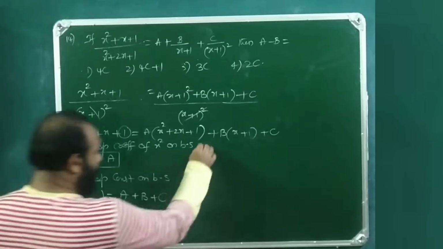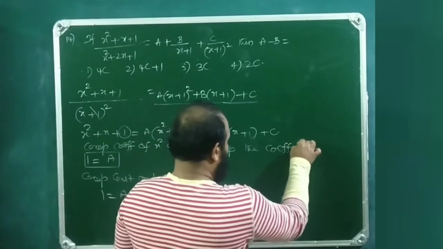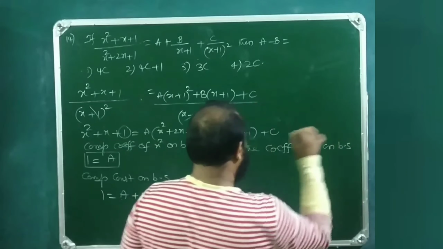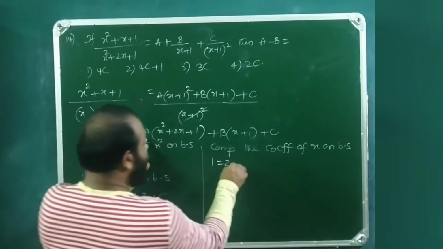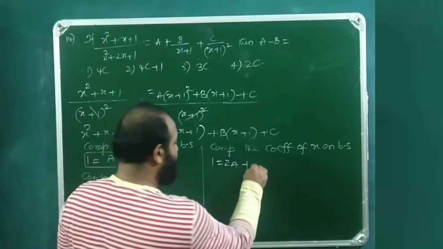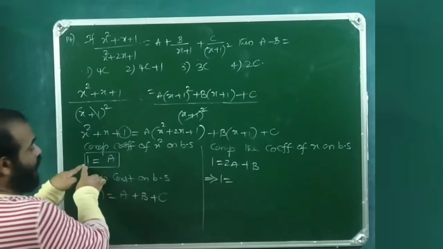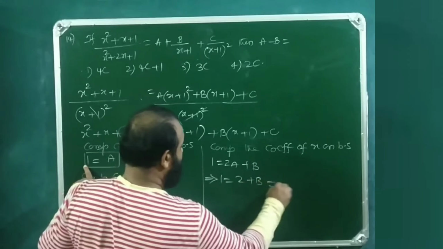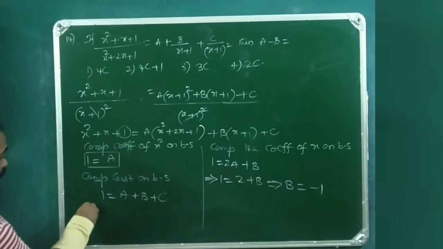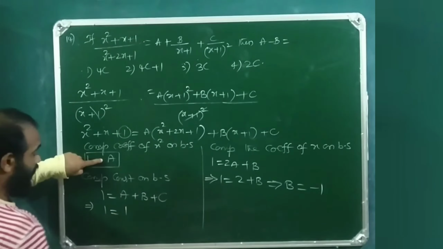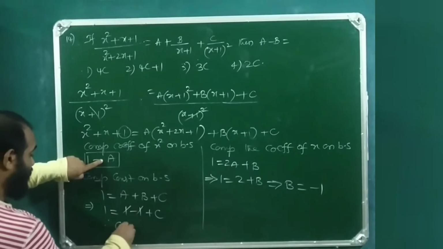And comparing the coefficient of x on both sides, the x quotient is 1 here, so here 2a plus b. So from this, 1 is equal to the a value 1, 2 ones are 2, plus b. So b is equal to 1 minus 2, which is minus 1. So from this, 1 is equal to the a value 1, the b value minus 1, plus c. So these two get cancelled. c is equal to 1.